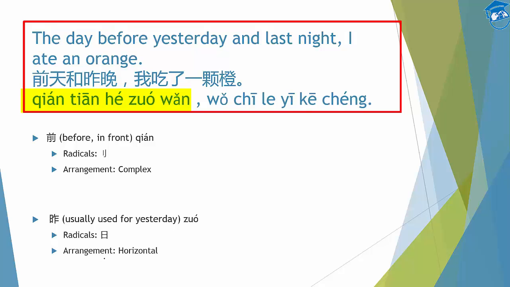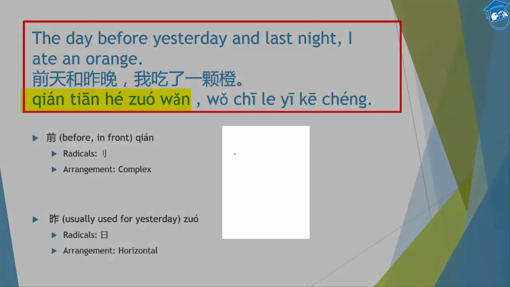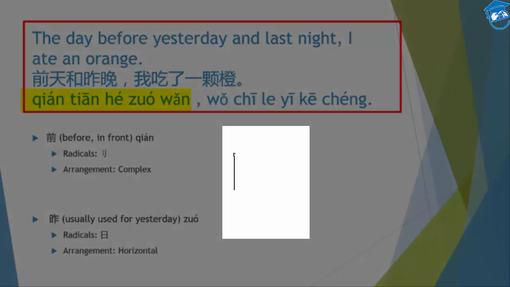So the arrangement is horizontal because you have left and right component, and the radical is the left component. Okay, here's how to write 昨. 一二三四五六七八九.